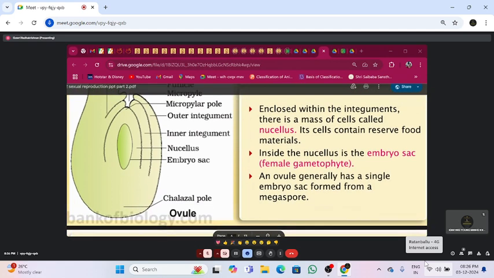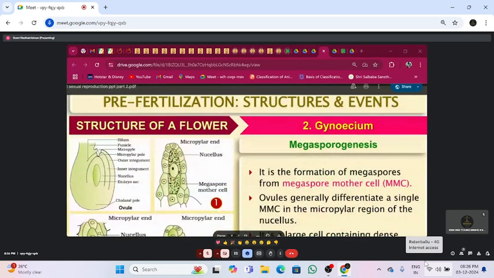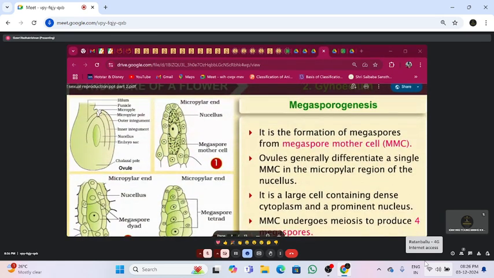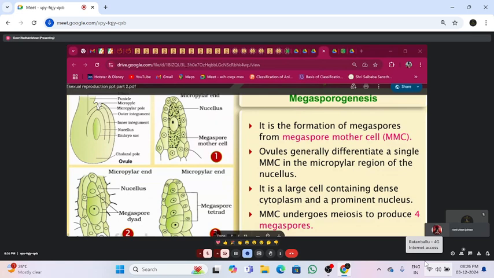An ovule generally has a single embryo sac formed from a megaspore. Now, what is megasporogenesis? Megasporogenesis is the formation of megaspores from the megaspore mother cell.